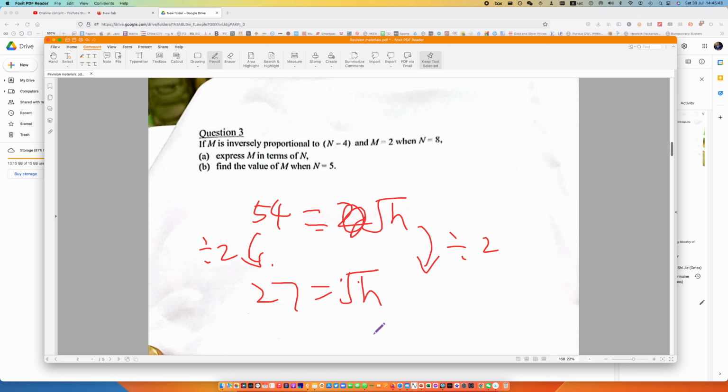How do you get rid of the square root? You square both sides. Correct. So in a way you can also put a bracket. So this one squared is 27 times 27, 729, right? And then the square and the square root, they cancel each other, right? So therefore you use the eraser. So you're only left with h. So that's how you get h. Okay? Next.